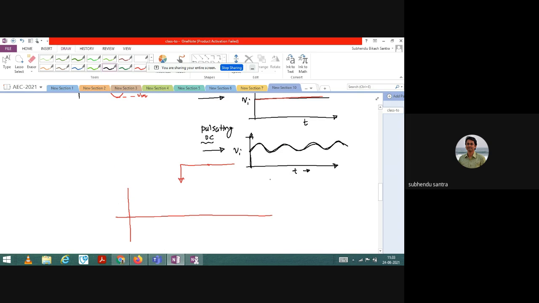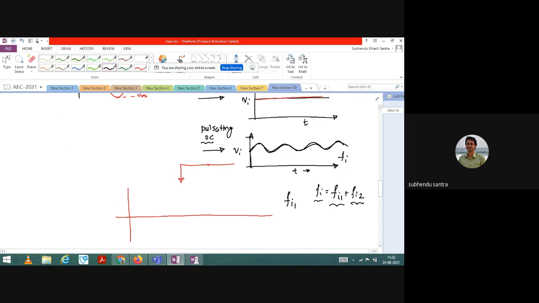Let us say Fi is the input function, and I can write Fi equals Fi1 plus Fi2. That means the addition of two signals is Fi.